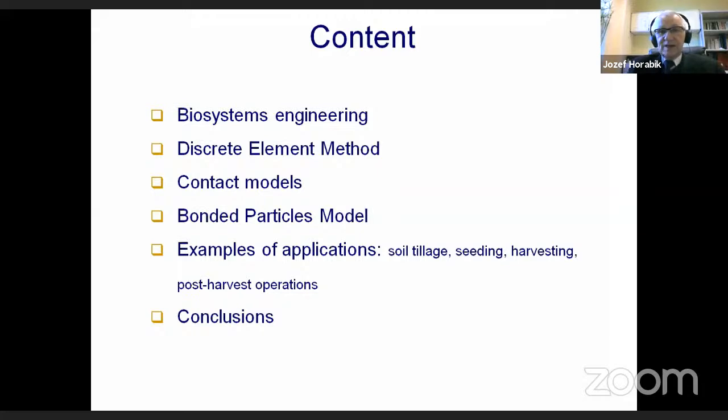In the next step, the contact interaction forces are calculated. And in the next step, the gravity and fluid drag forces are introduced. And finally, we obtain the force and moment exerted on each individual particle.